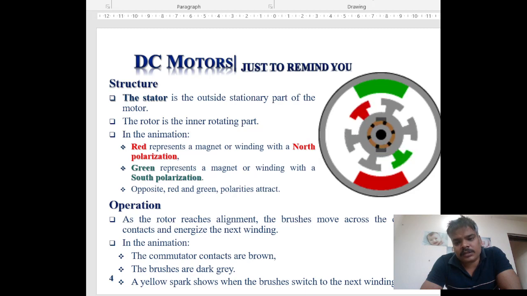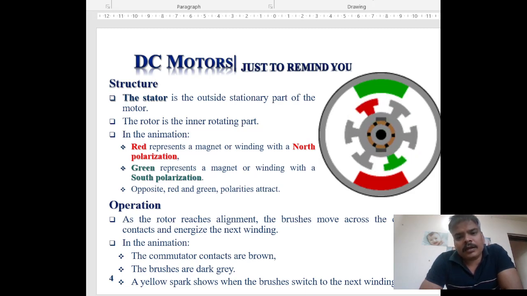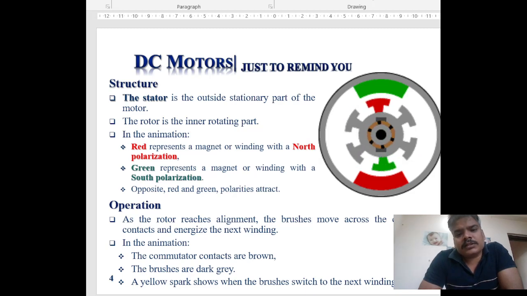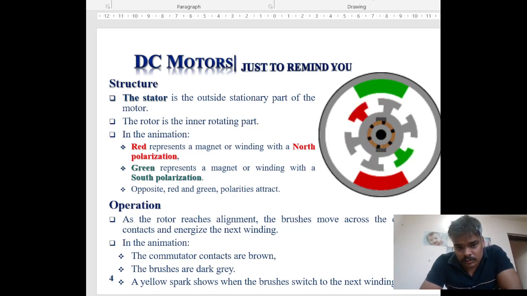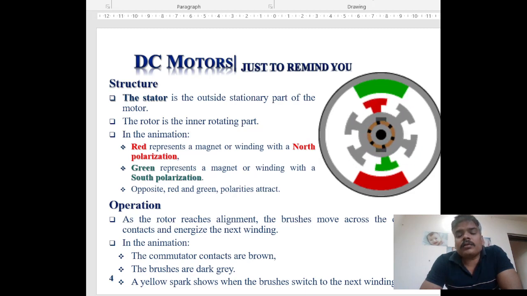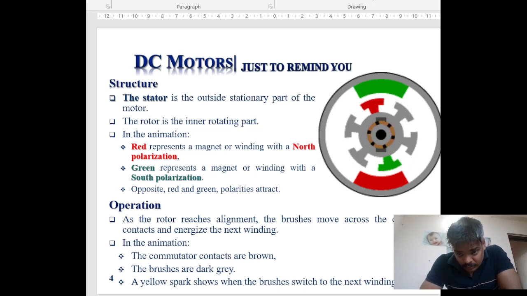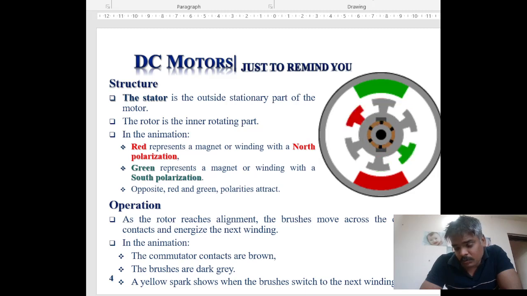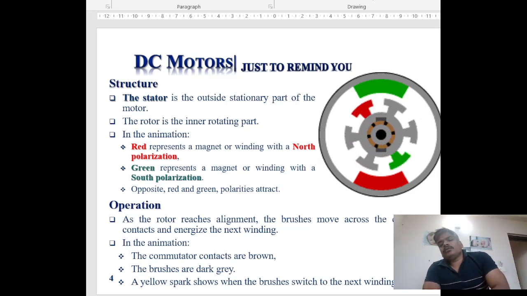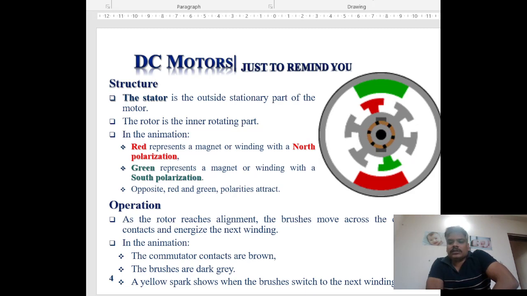In the figure you can see here red represents a magnet with north polarization and green represents a magnet with south polarization. So in stator, the upper one is the green color and it represents south polarization, and the lower portion is shown by red color which is north polarization.